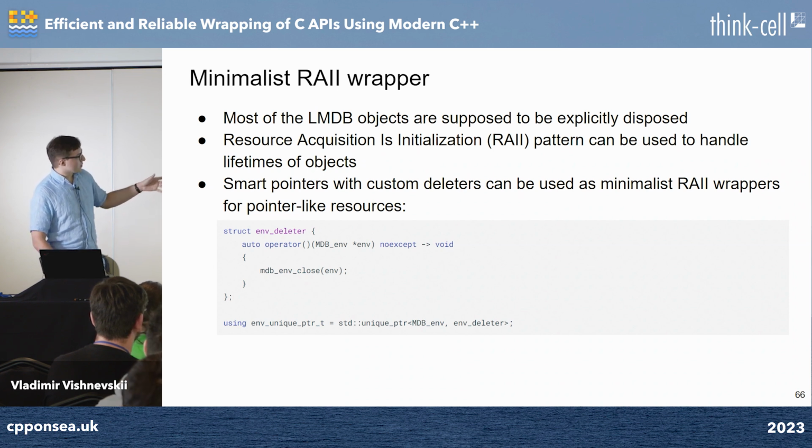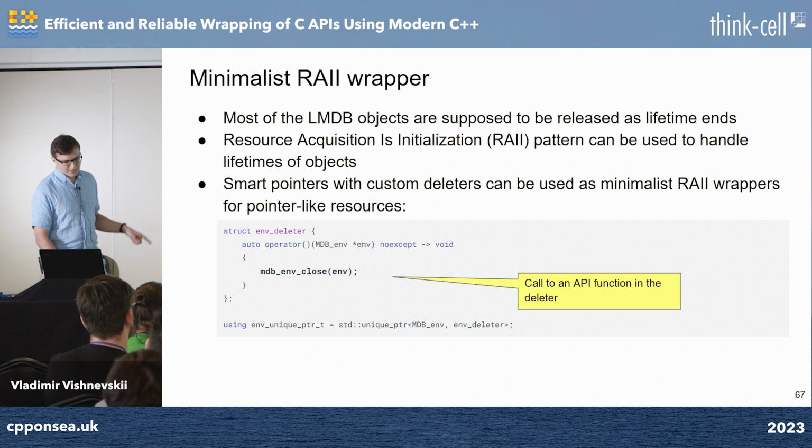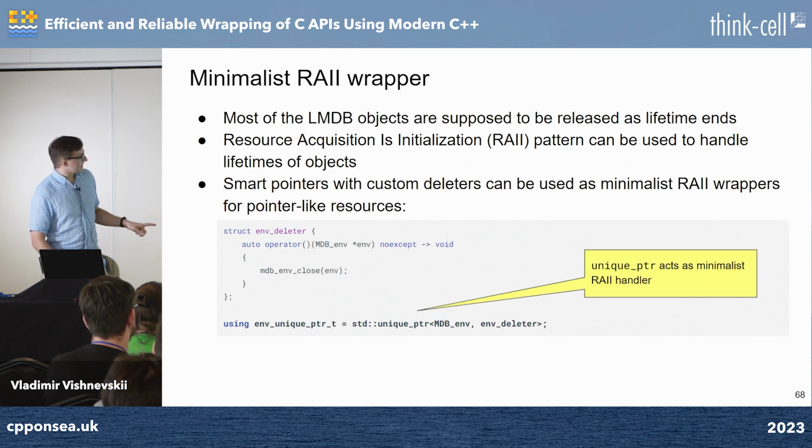In our case, for the environment, we call mdb_env_close. So the API call is placed in the deleter, and we can use an alias just to not repeat this all the time.